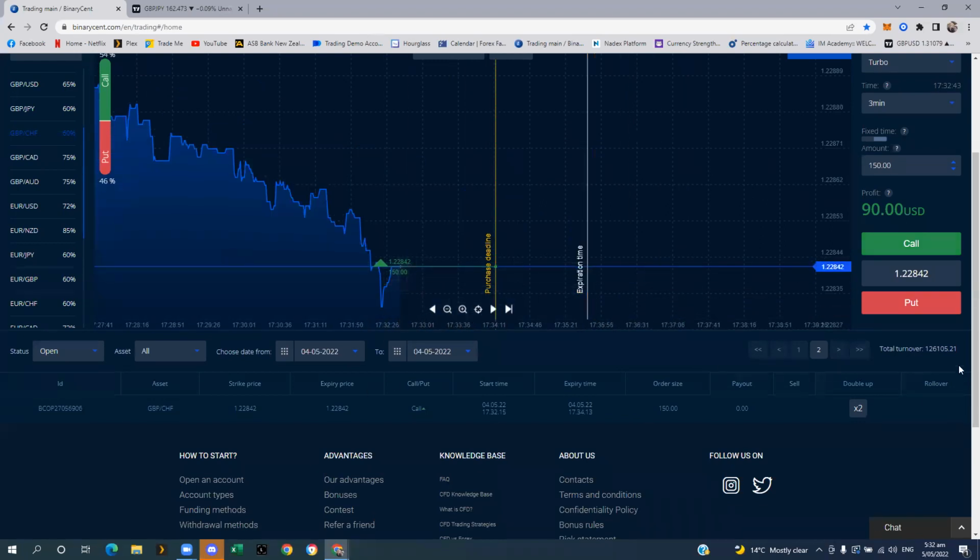Now, a lot of the times on these, I've noticed I have to use rollover. So apologies to those of you who have Pocket Option. But I'm going to get ready to use my rollover.